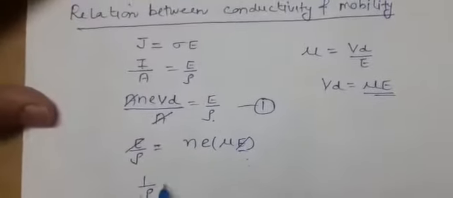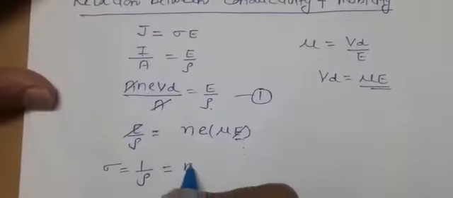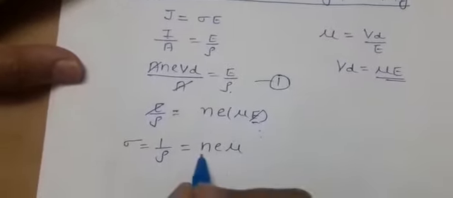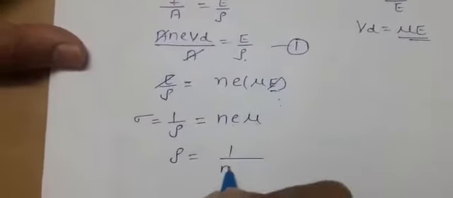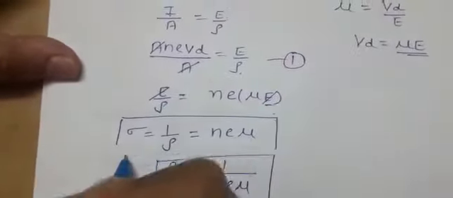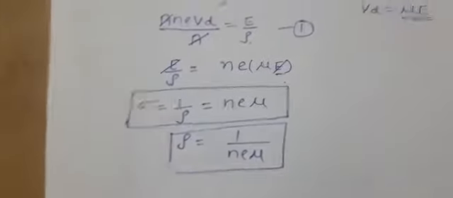So what are we left with? 1 by rho, that is equal to conductivity, is N e mu. So conductivity is given by N e mu and resistivity is given by 1 by N e mu. This is also one relation between conductivity and mobility, or resistivity and mobility.